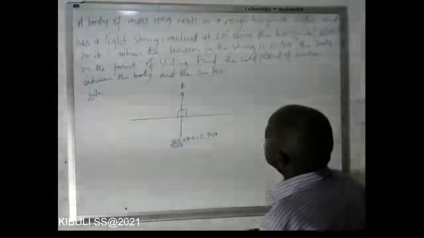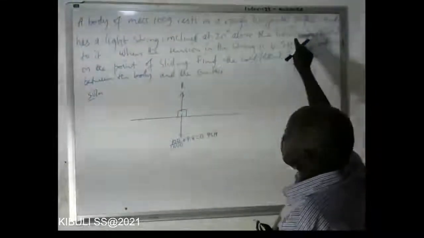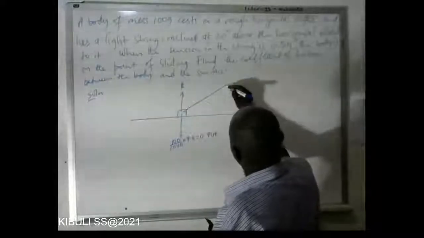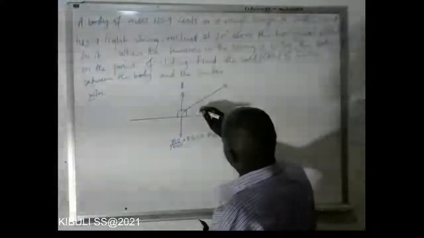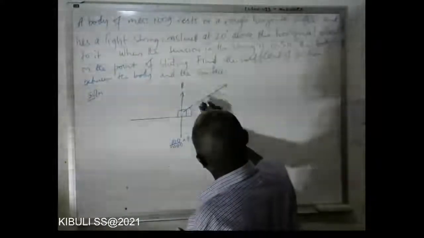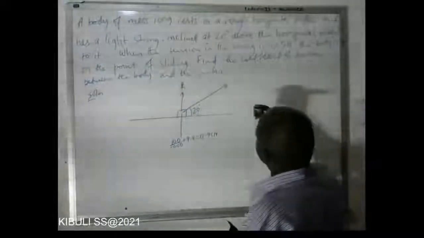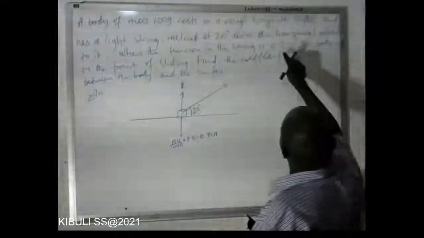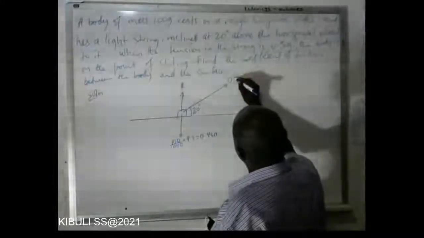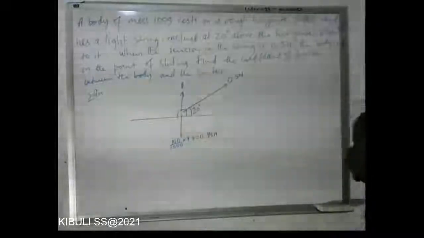This body has a light string inclined at 20 degrees above the horizontal attached to it. Let's say this is the string, inclined at 20 degrees above the horizontal. The force in the string, according to the question, is 0.5 newtons, acting on the body.